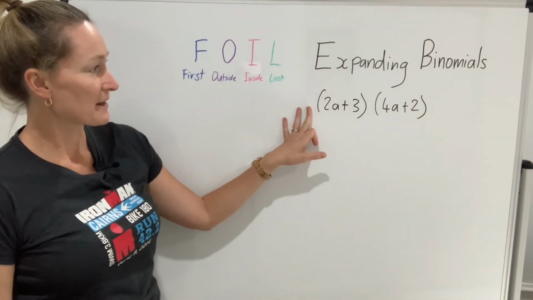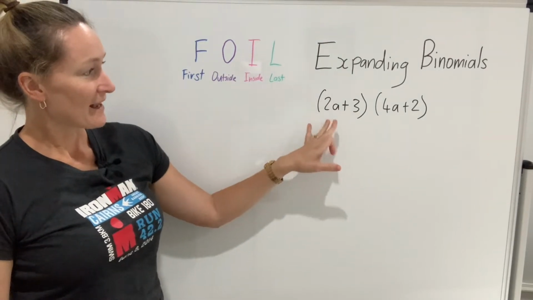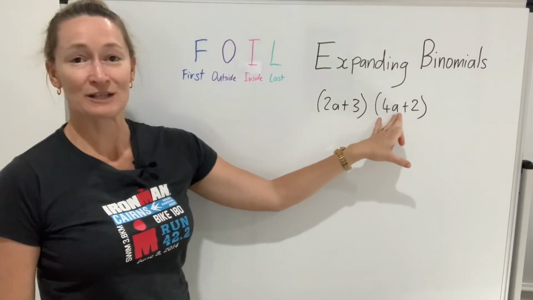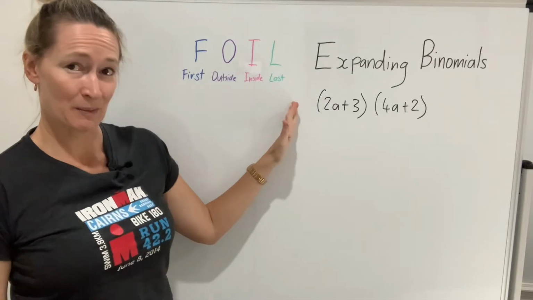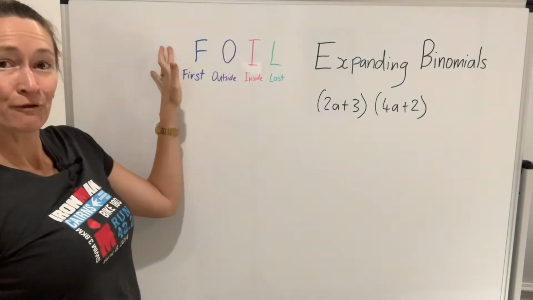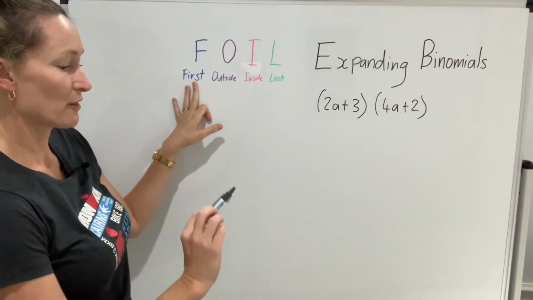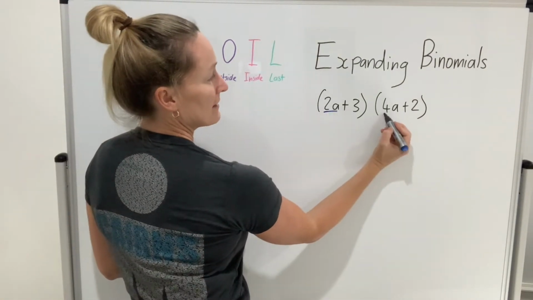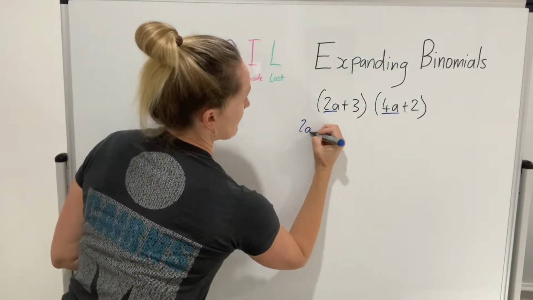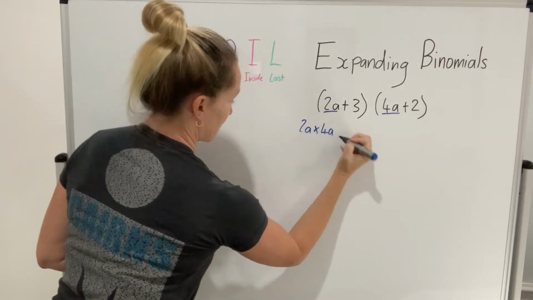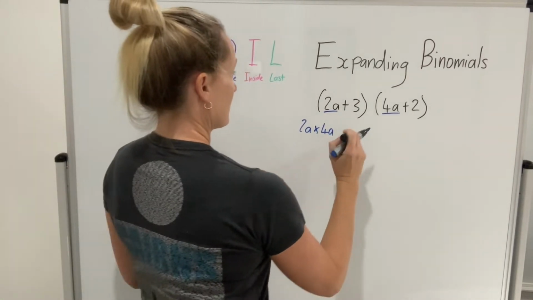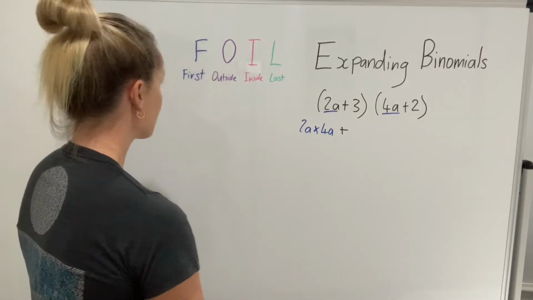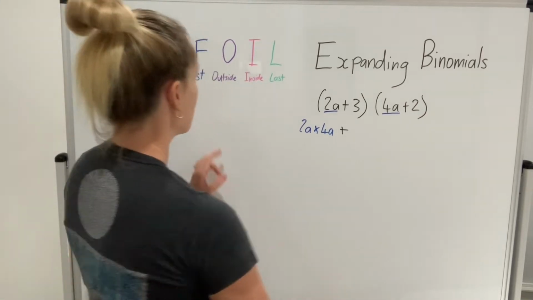You can see each of the terms here need to be multiplied by each of the terms here to expand these binomials. Using FOIL, so we begin with the first term in each set of brackets. So 2A multiplied by 4A plus. So that's the F for FOIL.